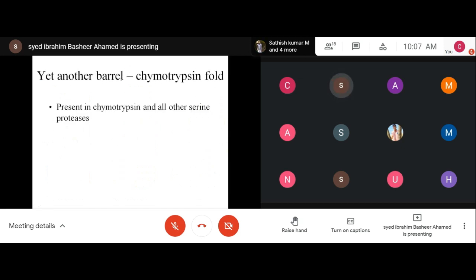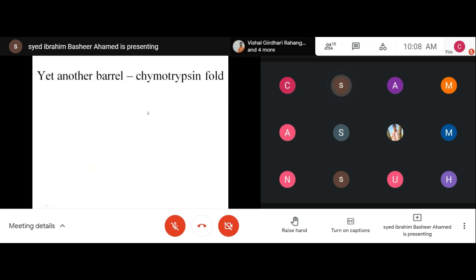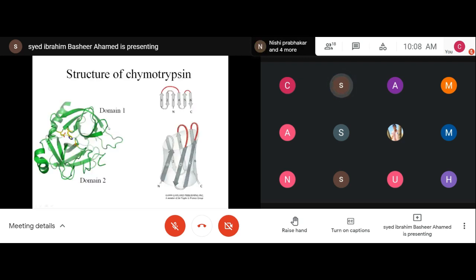Yet another kind of barrel, apart from these three barrels, is one with a chymotrypsin kind of fold. Trypsin and chymotrypsin, the digestive enzymes, will have this kind of barrel. Here you have two different domains, and each domain is made up of six strands.